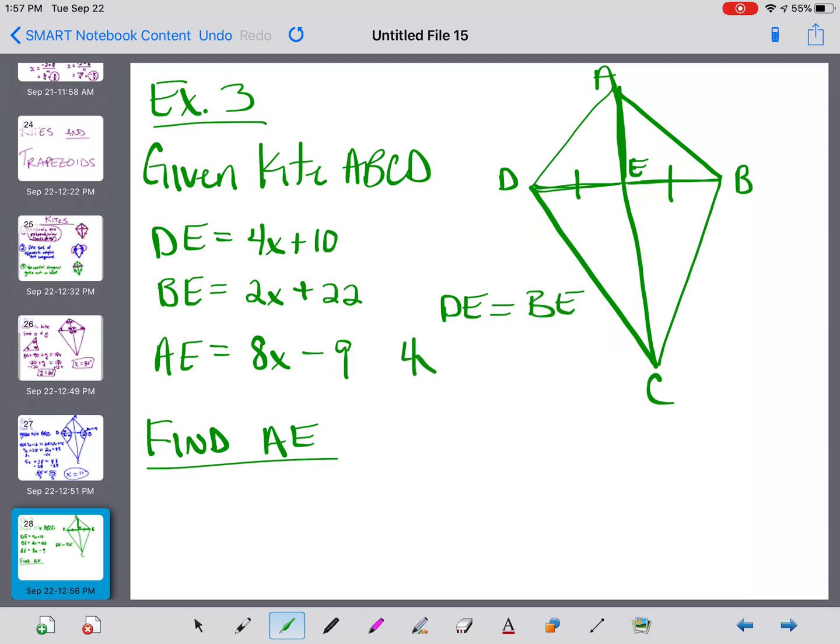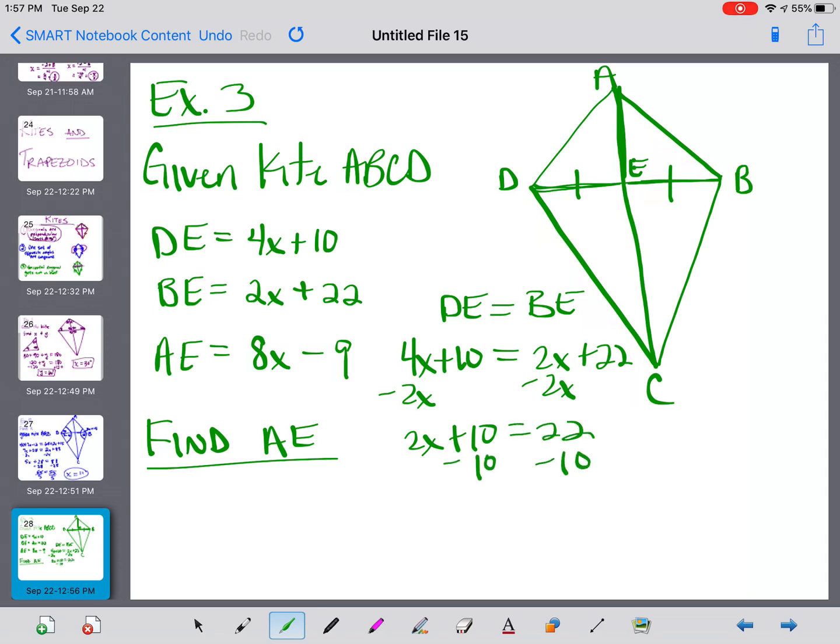So we'd have 4x plus 10 equals 2x plus 22, and we'll solve. We'll subtract 2x on both sides. So we get 2x plus 10 equals 22. Take away 10 from both sides to get 2x equals 12, and x equals 6.